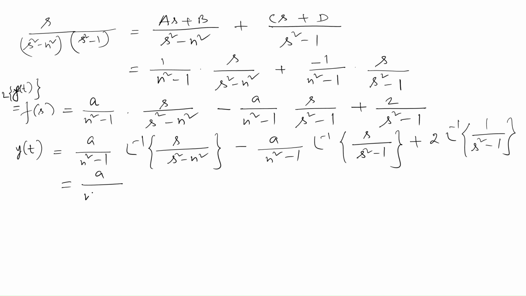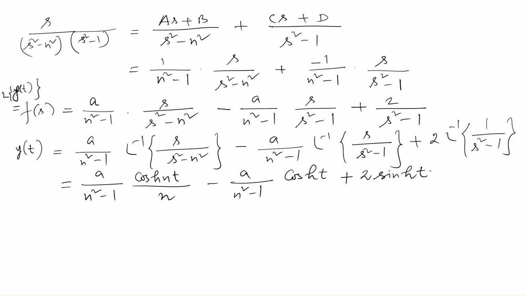Now the inverse Laplace transform of s by s square minus n square is cos hyperbolic nt by n minus a by n square minus 1 times the inverse Laplace transform of s by s square minus 1, which is cos hyperbolic t, plus twice the inverse Laplace transform of 1 by s square minus 1, which is sin hyperbolic t.